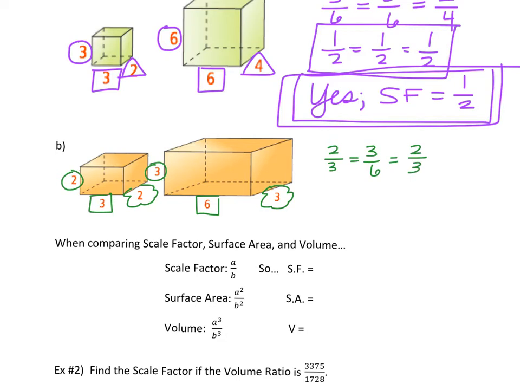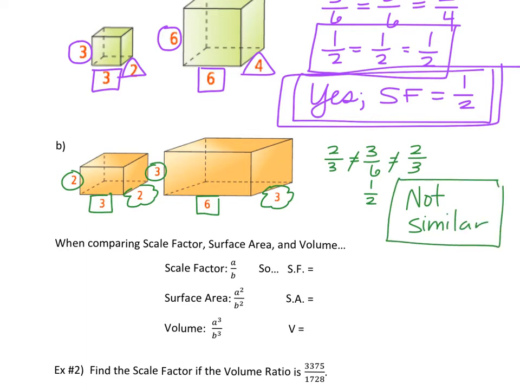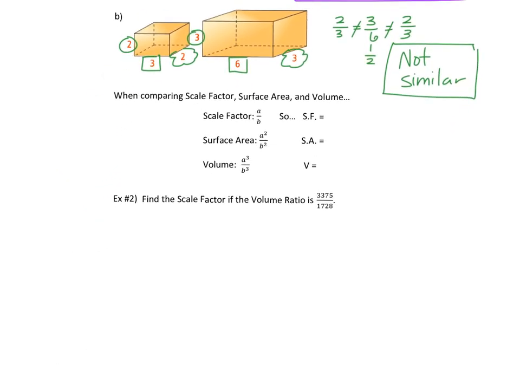Well, notice 3 to 6 is a 1 to 2 ratio. So these are not equal. So when they ask, are these similar? We would just say these are not similar. You don't need to give a scale factor because there isn't a scale factor because they're not similar.